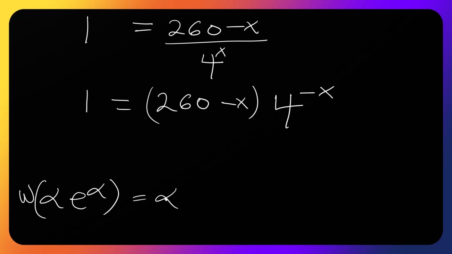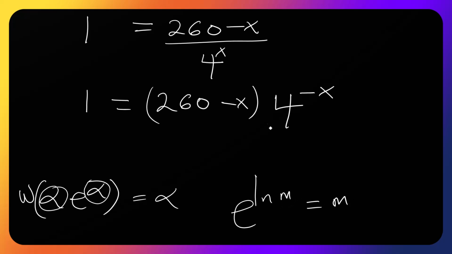Before you can apply the W function, there should be e, whereby what is here and what is there are equal. And one more thing, when we have e exponent ln of m, the answer is m. So this one is very powerful.